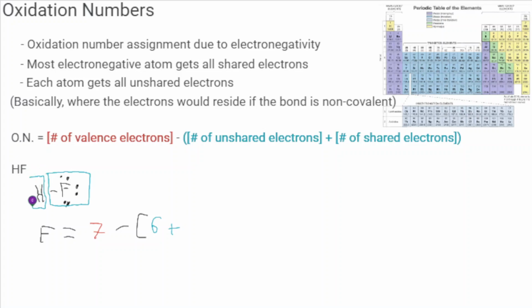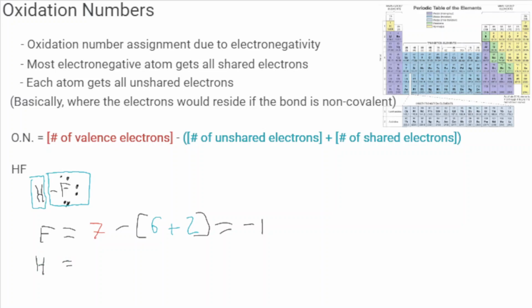And so in this case, 2 of those shared electrons are going to reside with the fluorine. All right, so now we can do 7 minus 6 plus 2, or 7 minus 8, and we end up with a negative 1.